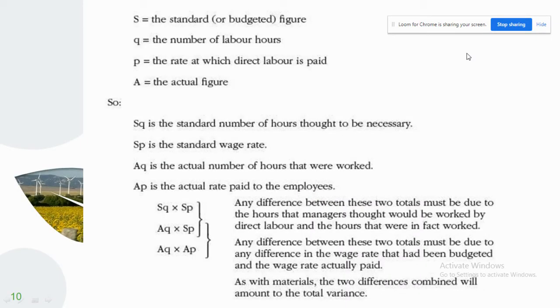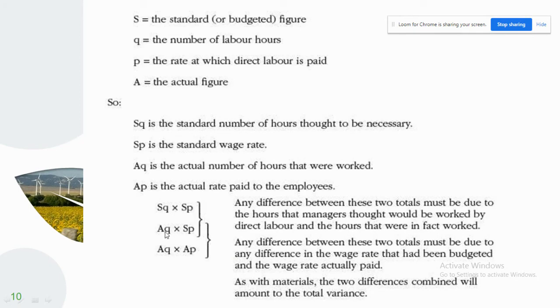So here again, as we did for materials variance, labor efficiency subvariance is SQ multiplied by SP minus AQ multiplied by SP. SQ is standard number of hours worked. SP is standard wage rate.